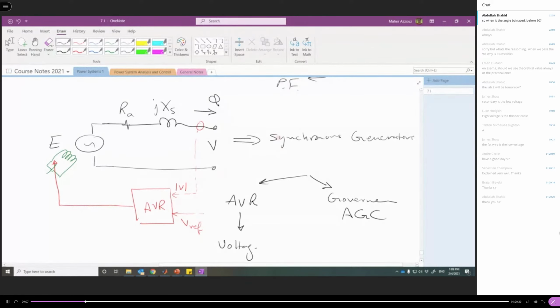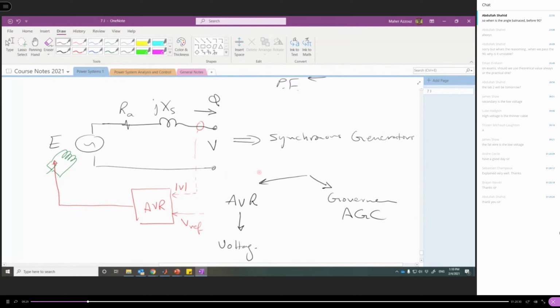Okay, so this is something that maybe I didn't talk about in the previous lecture, but I wanted to elaborate on these two controllers, because they change how we model generators in a steady state analysis.